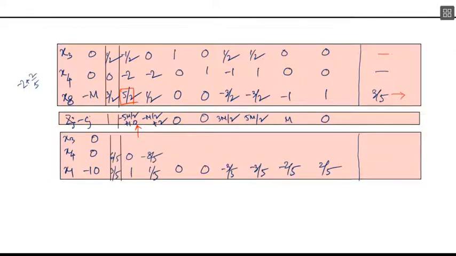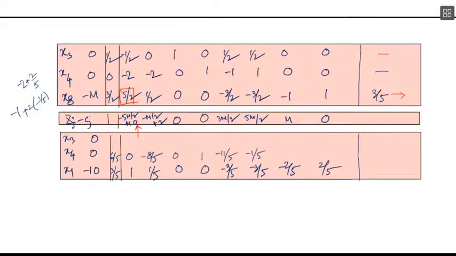Then it will be 0, it will be 1, it will be minus 1 plus 2 times minus 3 by 5, that is minus 1 minus 6 by 5, so minus 11 by 5, and this one will be 1 minus 6 by 5, so it will be minus 1 by 5.